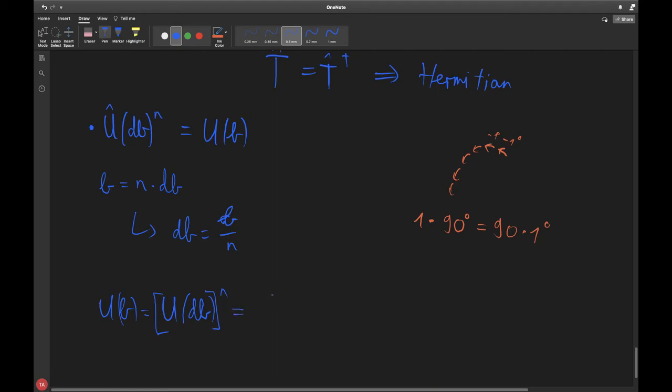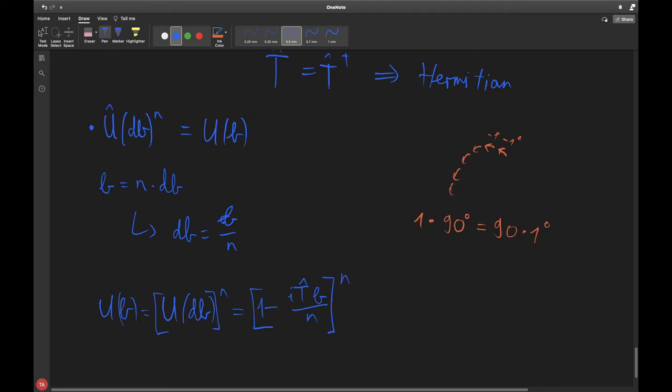And then the definition of U dB was that it is the same as 1 minus i T operator, and then we had the dB, which is now defined to be b over n, and we take this to the nth power.